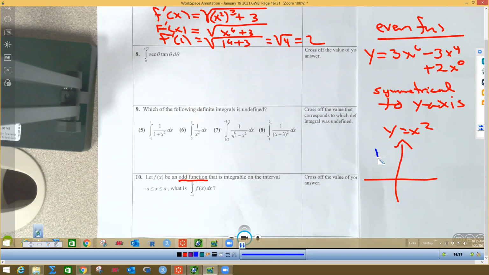So there's a shortcut. There's a shortcut in doing this because the area on this side will equal the area on this side. Those two will be equal. So let's say this is negative 2 to 2 here.